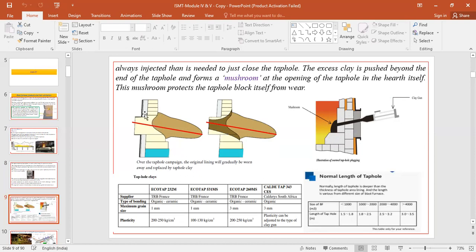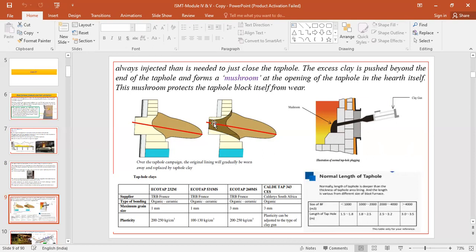This is the refractory lining we have, and as more tappings happen, there is a possibility that erosion of this refractory lining may take place, and to rebuild that eroded area, this tap hole clay will help, and it will form a newly lined refractory system.